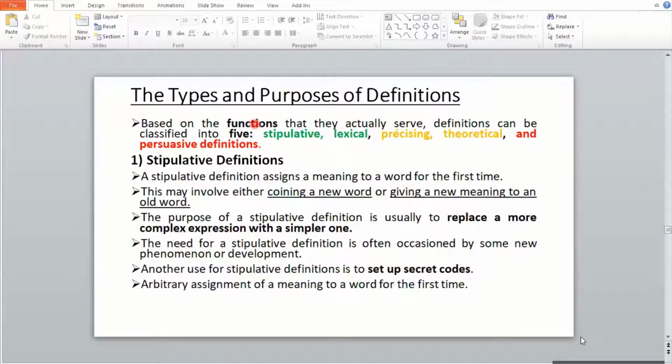So the need for stipulative definition is occasioned by new phenomena or development. At the same time, the need for this kind of definition can also be to set up secret codes.